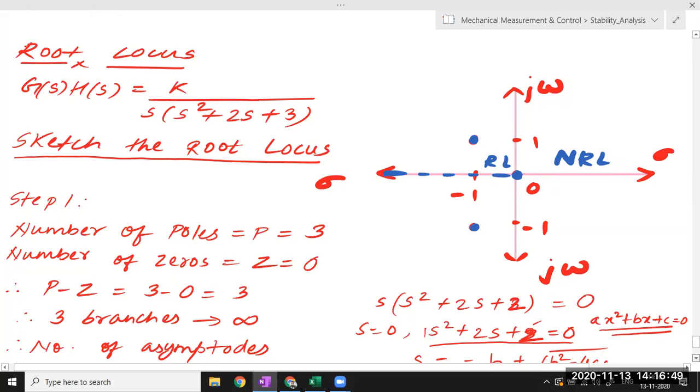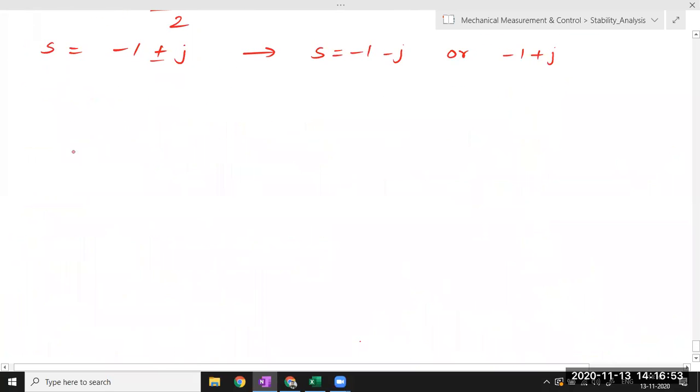So this whole region is a root locus region. Now, what do we need to do? Since we have identified the root locus region, we need to find the angle of asymptotes. We know the number of asymptotes is 3. So what is the formula for finding angle of asymptotes?